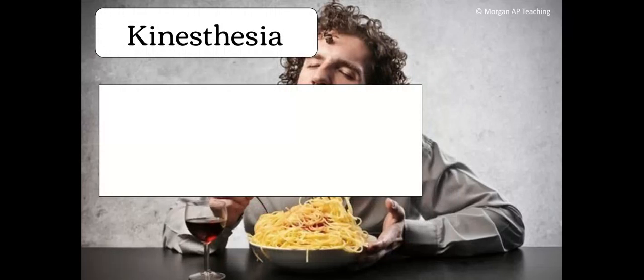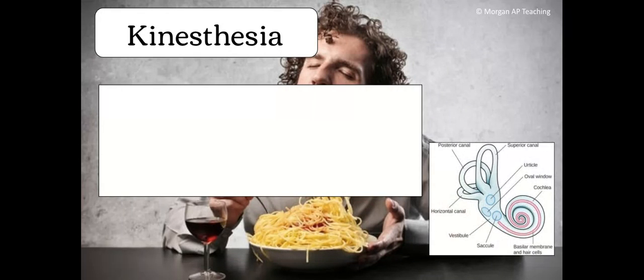Let's do kinesthesia, slide 5. Kinesthesia is knowing where the parts of your body are, even when not moving them. So it's connected to the vestibular sense for motion and balance, which monitors head position.